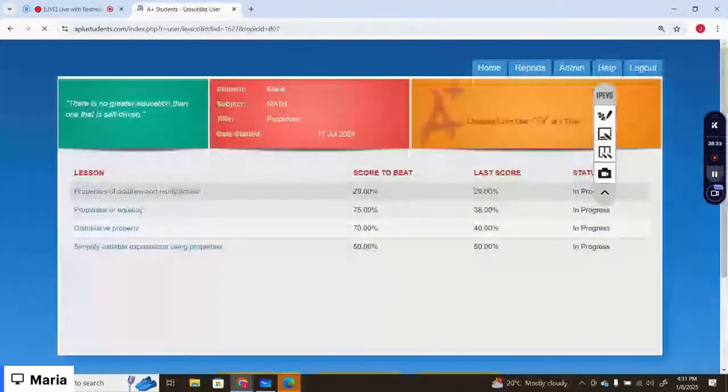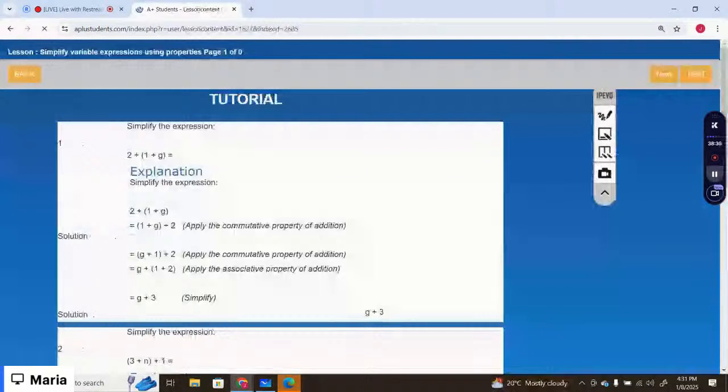Simplify variable expressions using properties. The properties we have learned today, now we are going to apply those properties and simplify the expressions. That is 2 plus 1 plus g. Apply the commutative property. You need to add g plus 1 plus 2. That is g plus 3.